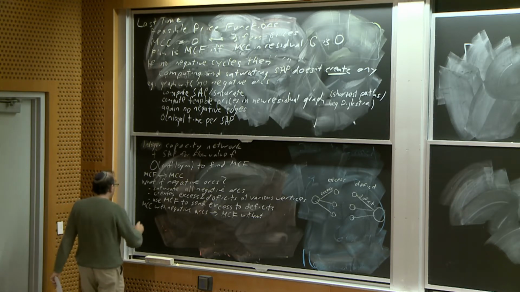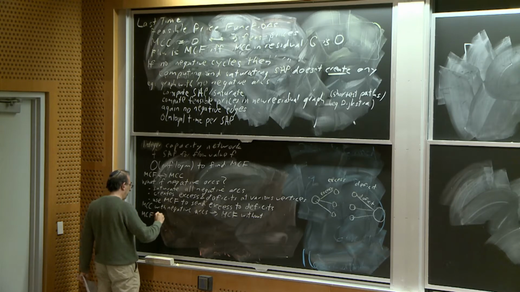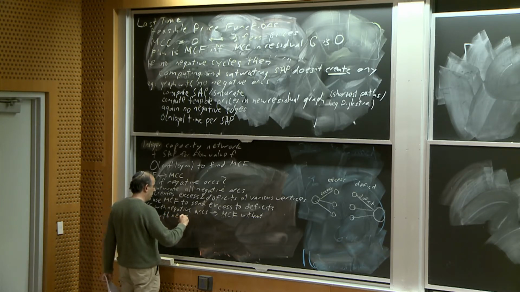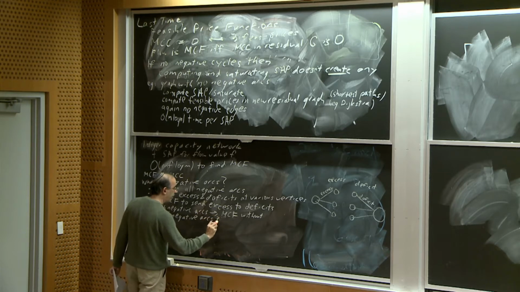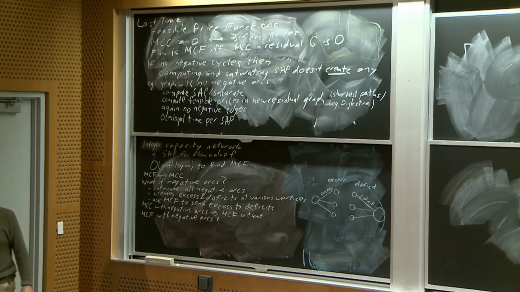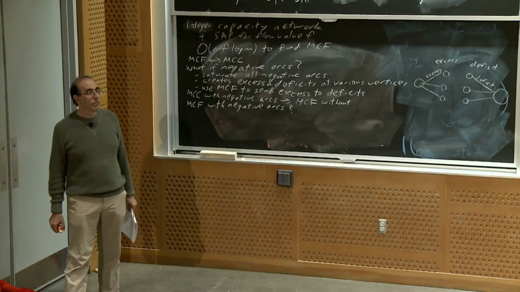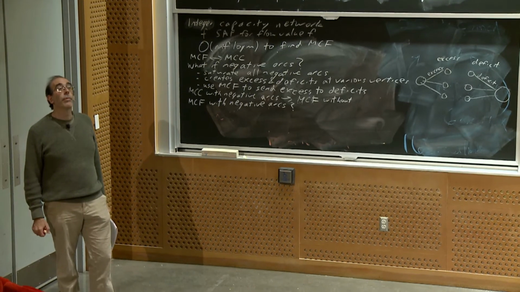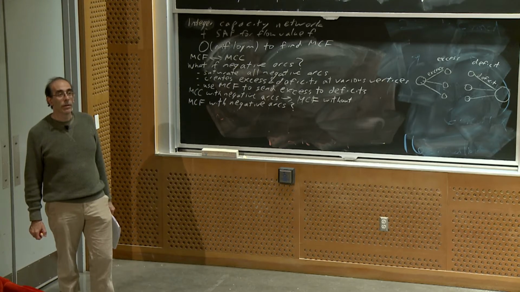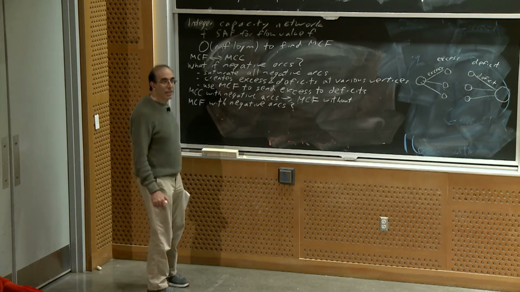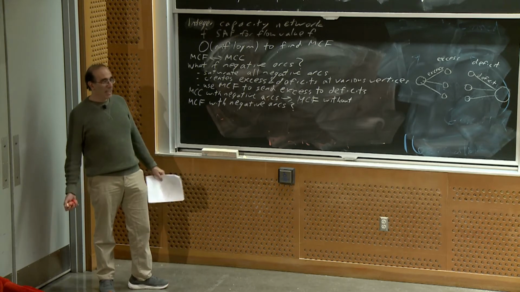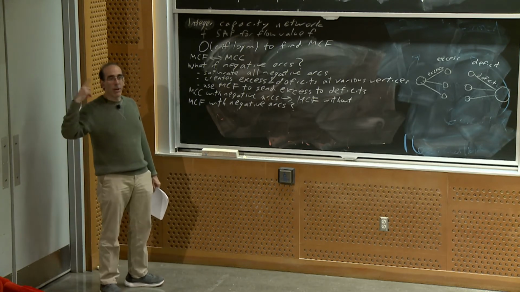Now what if we want to do a min-cost flow with negative arcs? How do we solve that problem? Yeah. We showed earlier that you can reduce min-cost flow to min-cost circulation. Right. And then you can reduce that again to min-cost flow without. Exactly. Right. So we're going back and forth between min-cost flow and min-cost circulation.